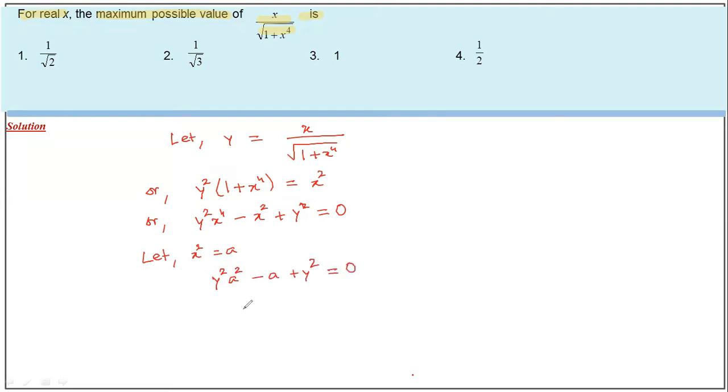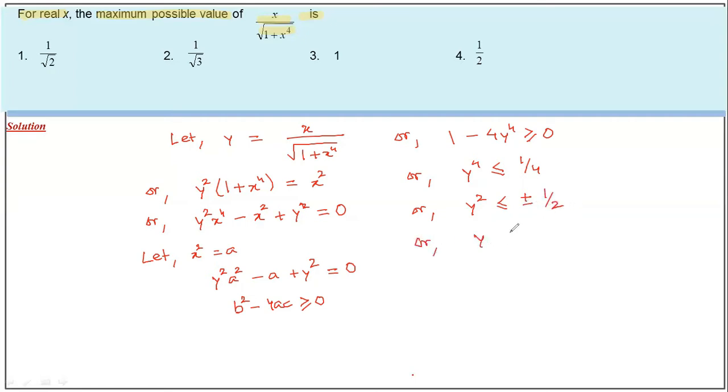Now since x is real, we have b square minus 4ac greater than or equal to 0, or 1 minus 4y to the power of 4 greater than or equal to 0, or y to the power of 4 is less than or equal to 1 by 4, or y square is less than or equal to 1 by 2, or y is less than or equal to 1 by root 2.